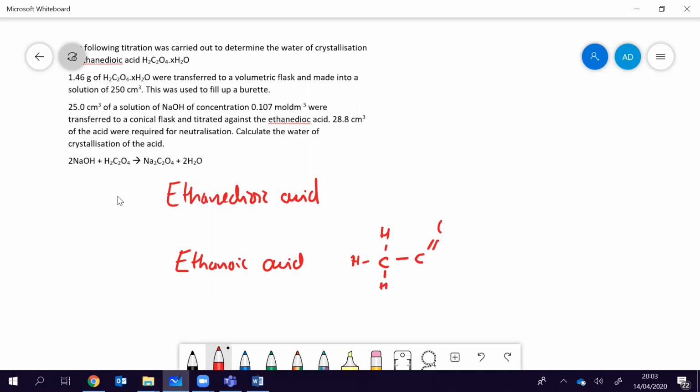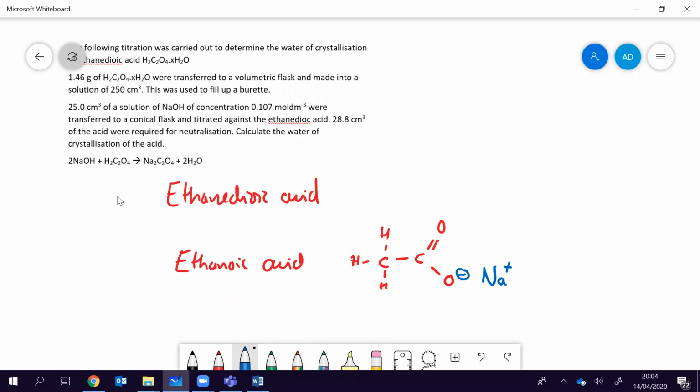If you remember, this is the carboxylic acid group. What happens is it loses this hydrogen here, and you get a negative charge on that oxygen. So when it reacts with sodium hydroxide, you would get sodium ion.